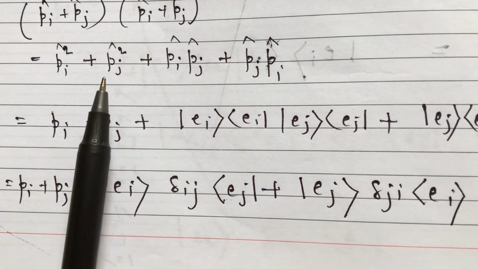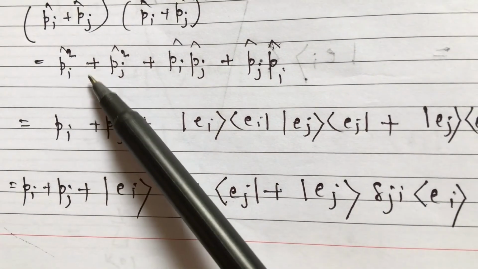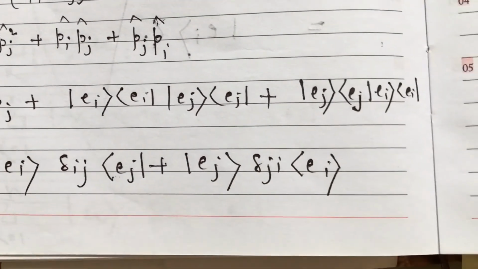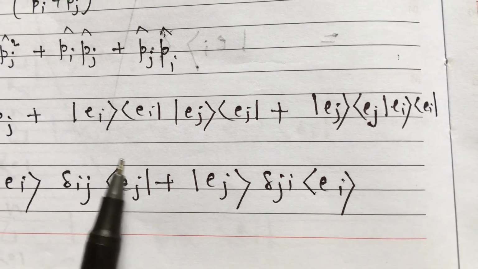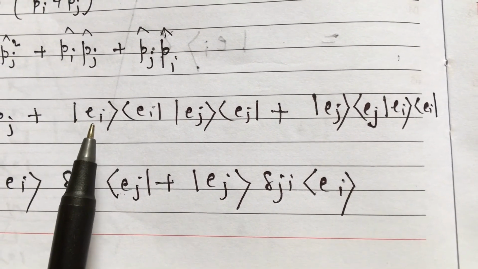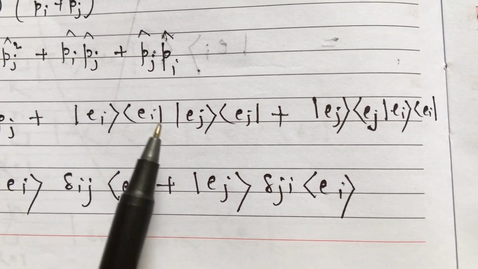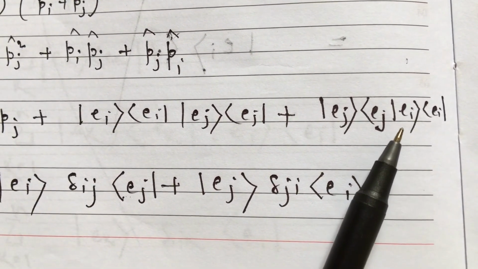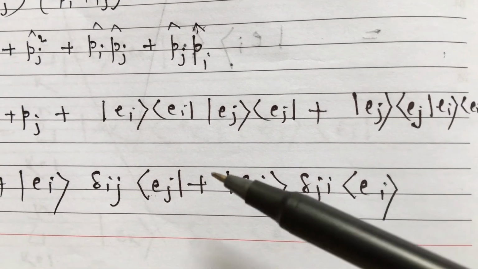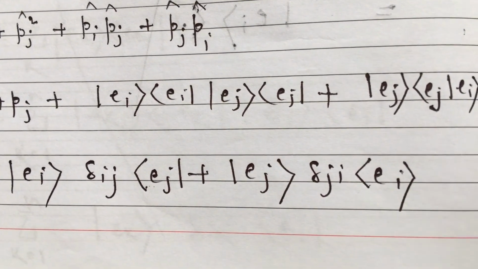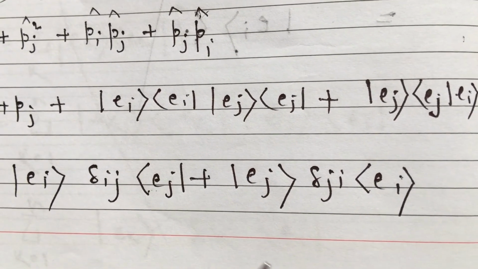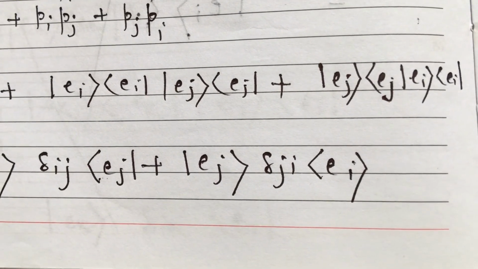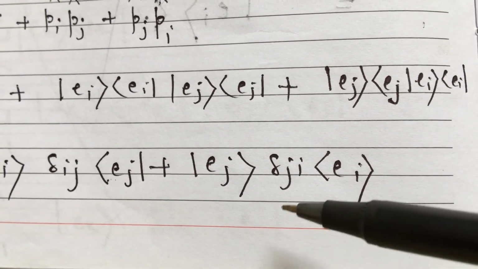Now I have just proved in my case 1 that Pi square equal to Pi and Pj square equal to Pj. Now I am using the definition of the projection operators, Pi equal to the outer product of Ei and Pj equal to the outer product of Ej. Similar is the case here in the fourth term. Now I need to exploit the orthonormality property of these basis vectors. Ei Ej will give me delta ij. Similarly, Ej Ei in the fourth term will give me delta ji.